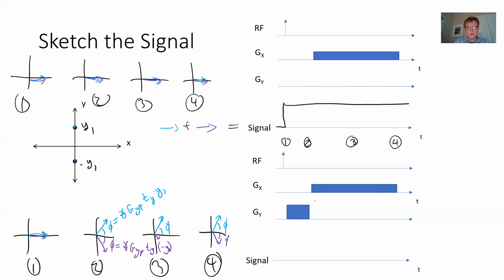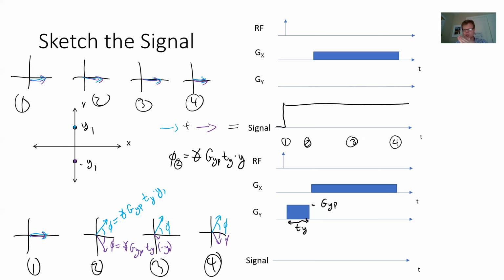So what I'm drawing here is saying, well, if this gradient amplitude is GYP, for GY phase encoding, and the duration here is TY, then at this point, the phase of net magnetization at time 2 is going to generally be gamma times the gradient area times the position in y.